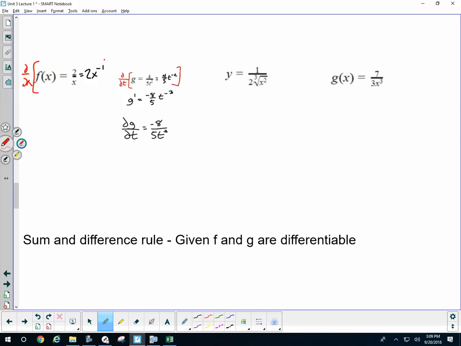The remaining ones I would be d/dx-ing, taking the derivative with respect to x.